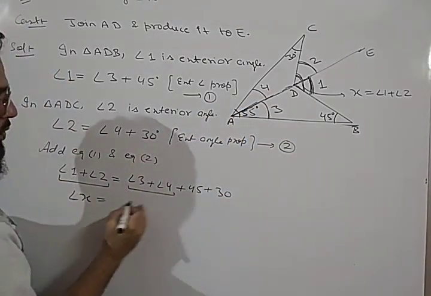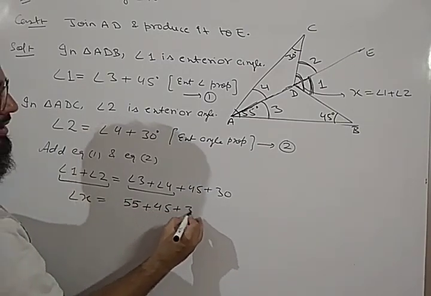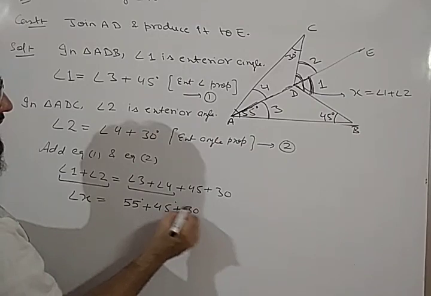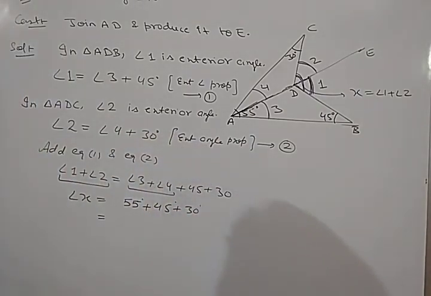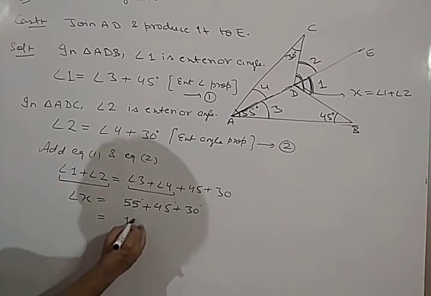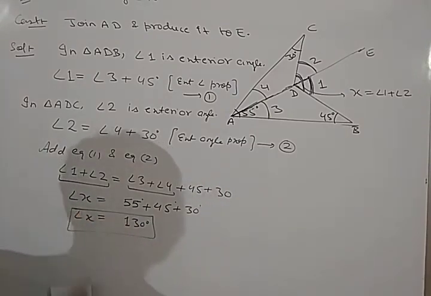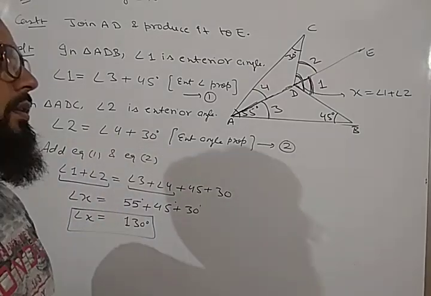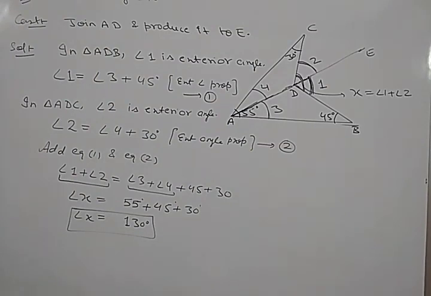It means x is equal to 55 degree plus 45 degree plus 30 degree. If we add all these three, 55 plus 45 is 100, and x will be equal to 130 degree. So the value of angle x is 130 degree. This is our answer.